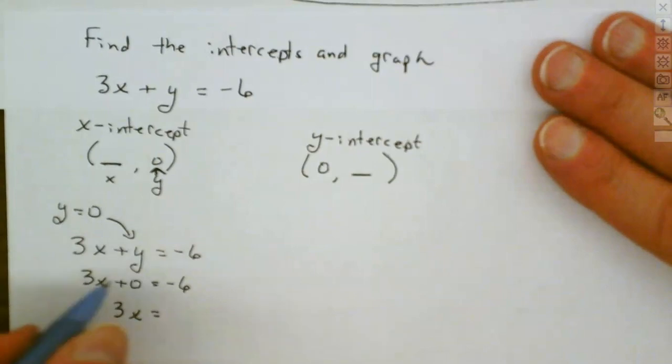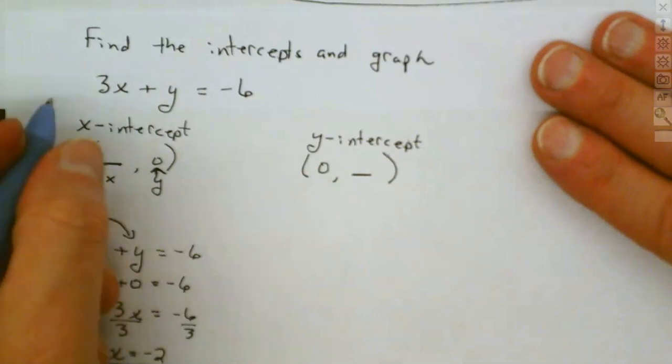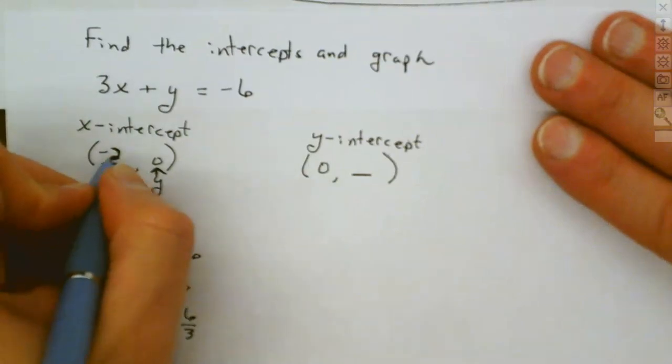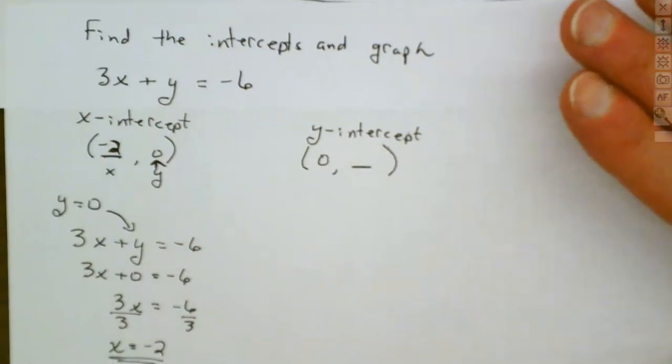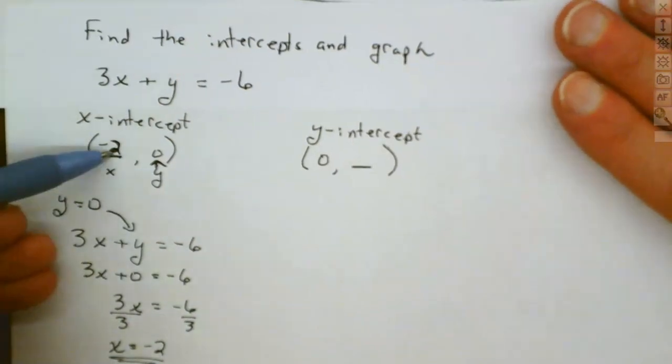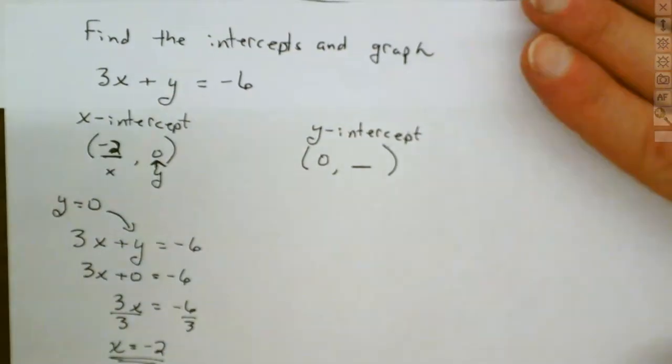So 3x equals now our -6. We'll divide by our 3. And now we've got it as x equaling a -2. So my x-intercept is the point, and it's an ordered pair, the point -2, comma, 0. You always want to use the zeros.